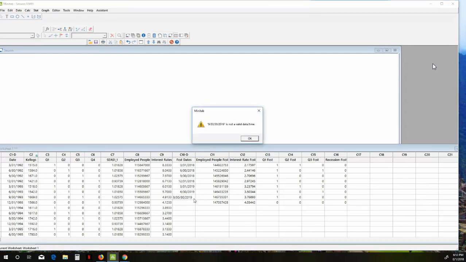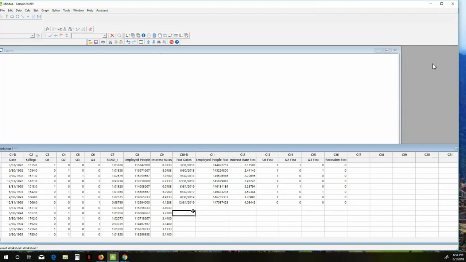And last but not, okay, messed up again. Got too many 30s in there, don't I? Last but not least, 12/31/2019. Hopefully we got it right.